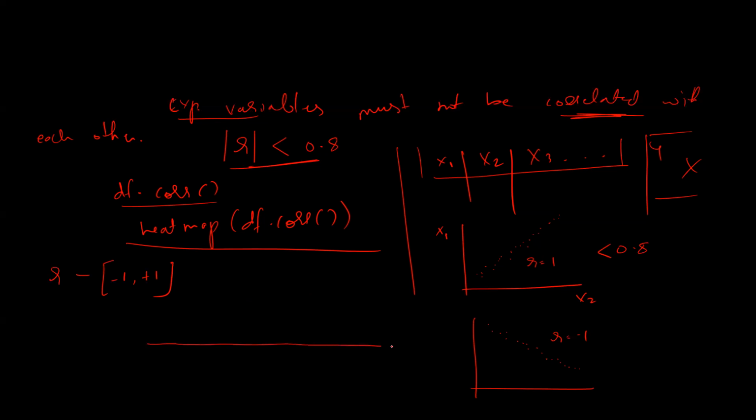Now, this is my -1, this is my +1, whereas this is my 0. This is -0.8 and this is +0.8. So basically your correlation value can be in this region, and it cannot be in this region.